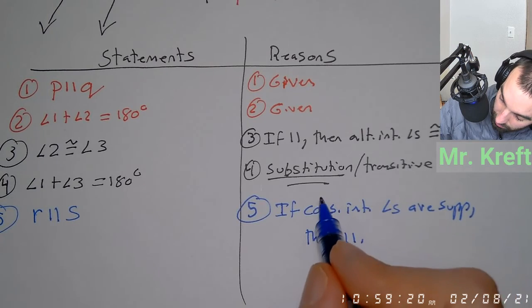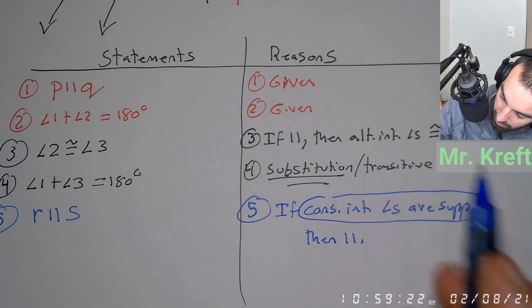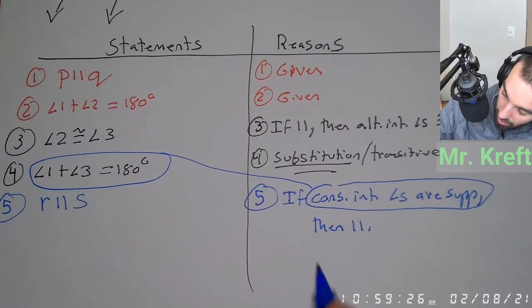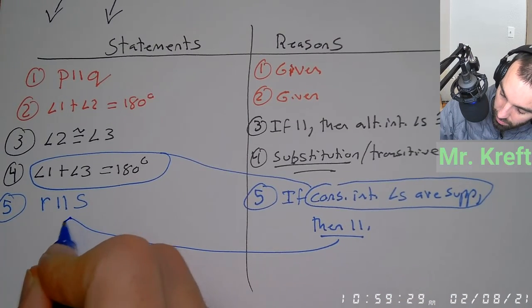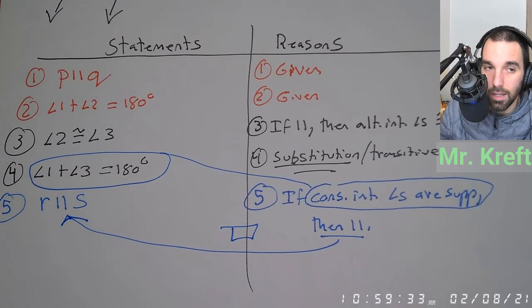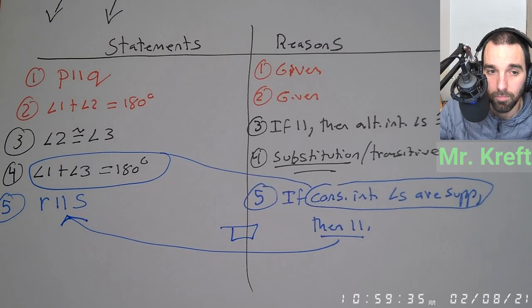Now, let's double check. So these consecutive interior angles are supplementary? Heck yes. And then, am I concluding that they're parallel? Heck yes. Okay, I would put a box there and say, hey, we're done with this proof.